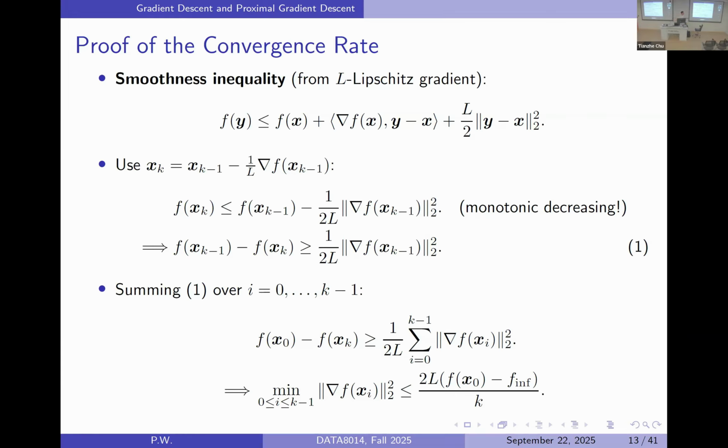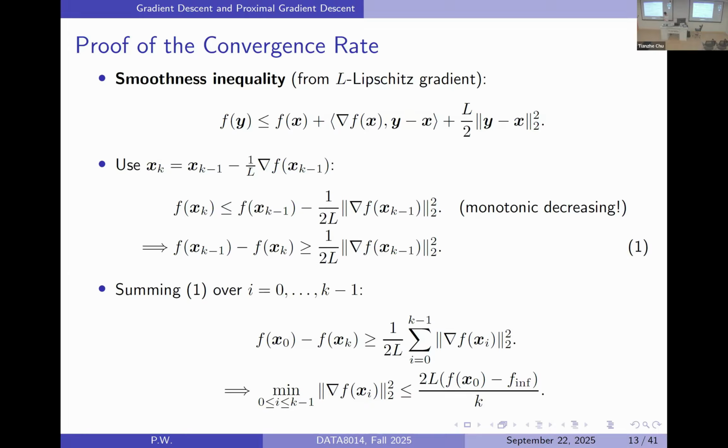Of course, here we assume that the function f has a lower bound: f(x) is larger than f_inf for any x.